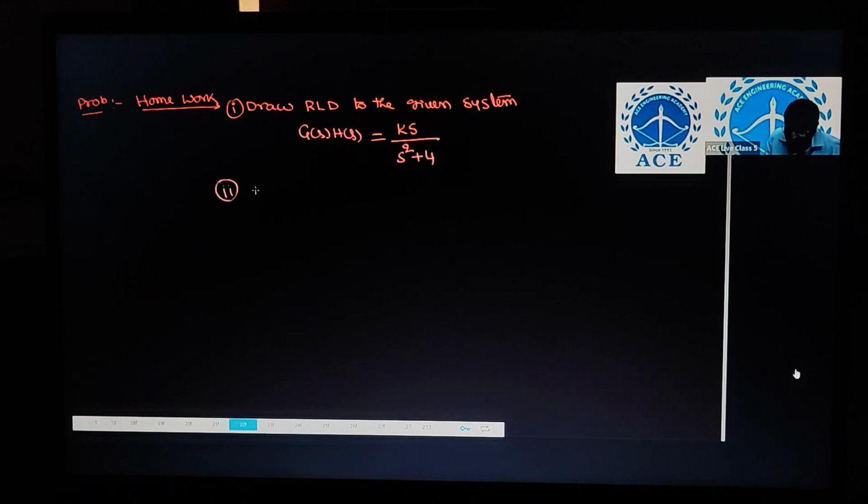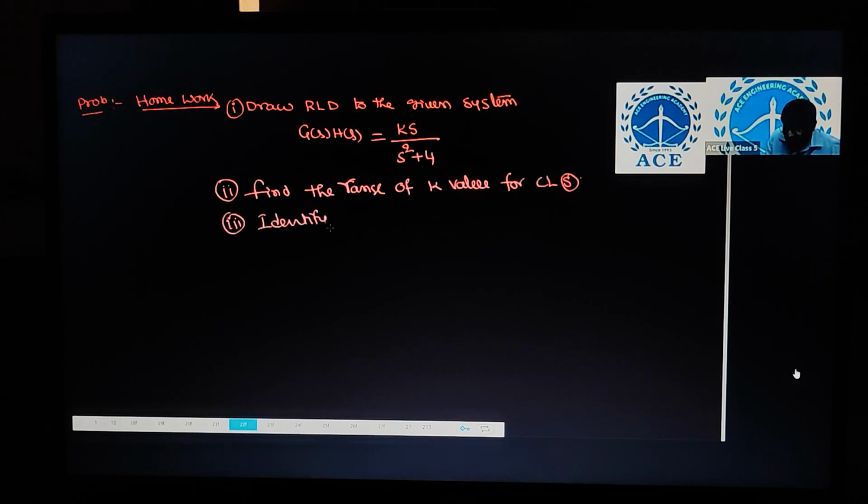Second bit: find the range of K for closed loop stability. Third bit: identify the different natures of the system and its K values.